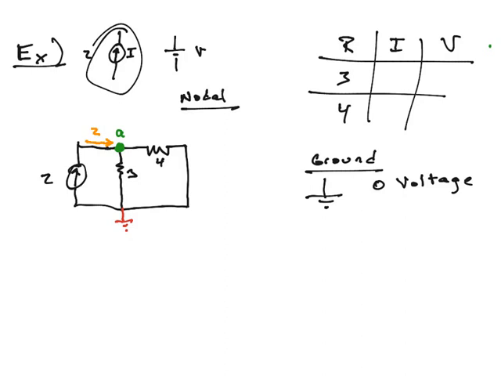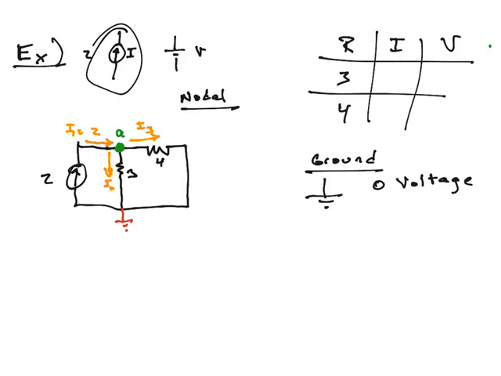Now, I'm going to assume that the current going downward, for the 3 ohm resistor, is moving down towards the ground. Okay, I'll call that I2. I1 was this 2 amp current source we knew of. And then a third, I'm going to choose to leave going to the right, and I'll call that I3.